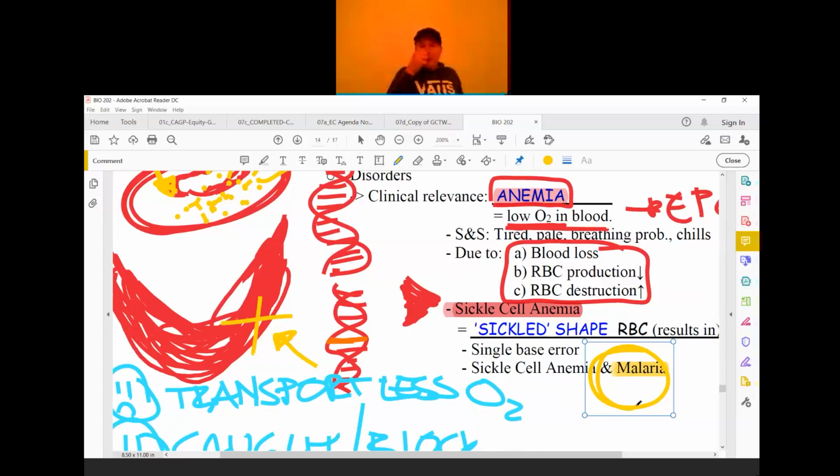You don't have to believe in evolution, but since this is a science class, we work on an assumption that evolution happens. And this would be a good example of evolution over generations, coming up with something that's actually protective. So it would be the individuals who have sickle cell anemia that would be more likely to survive in sub-Saharan Africa. So that's all you need to know for your short answer question.